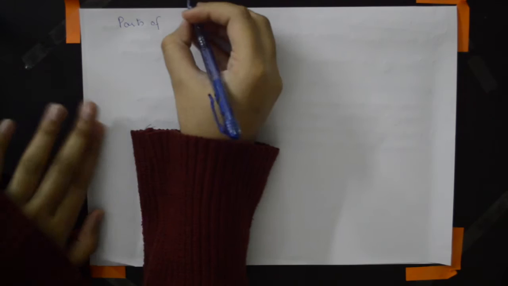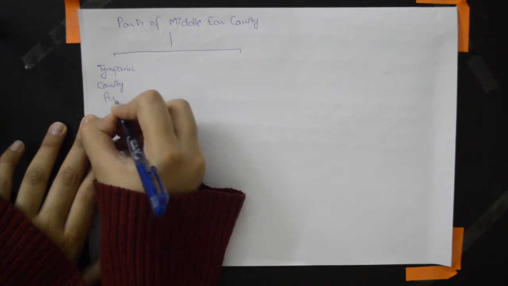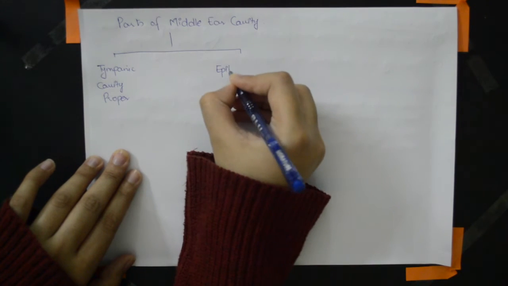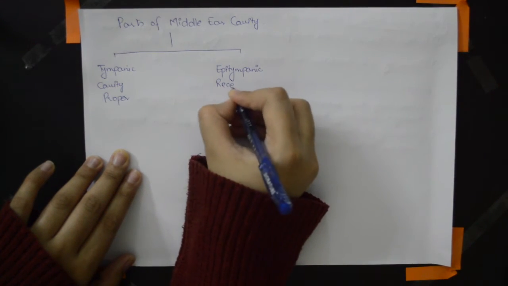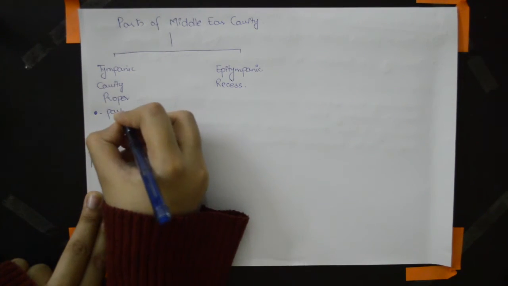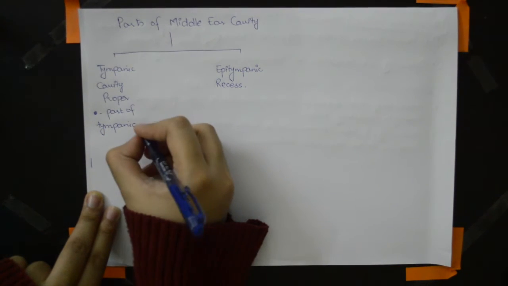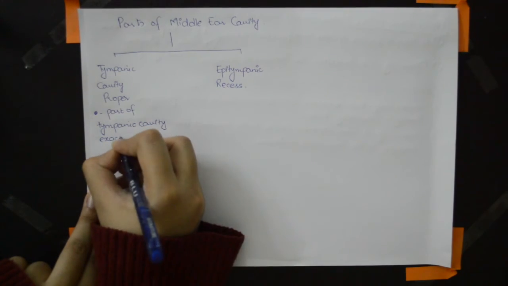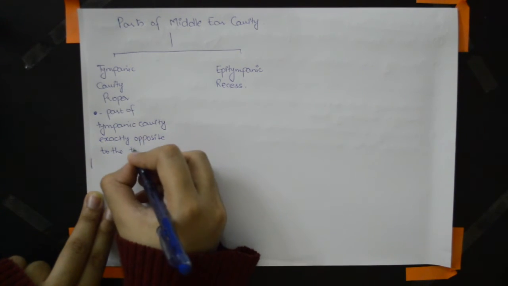The parts of the middle ear cavity: the tympanic cavity proper and the epitympanic recess. It is the part of the tympanic cavity exactly opposite to the tympanic membrane.